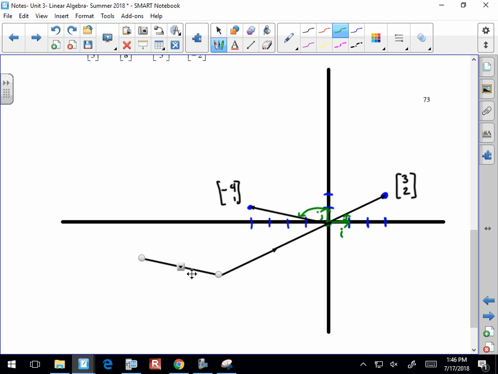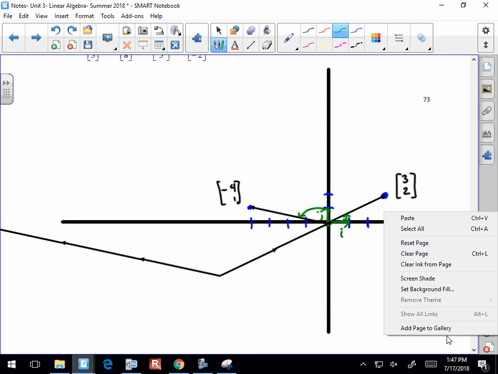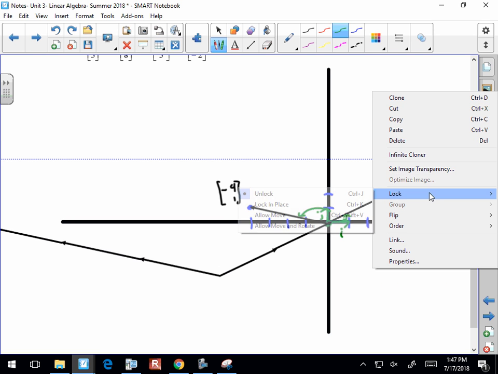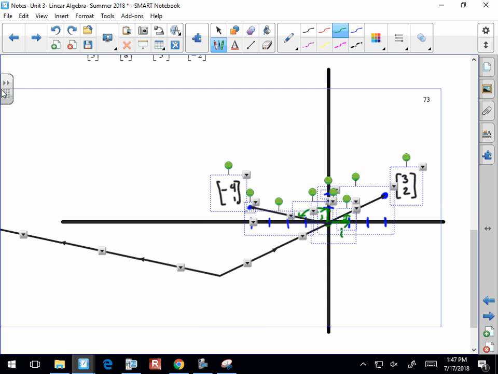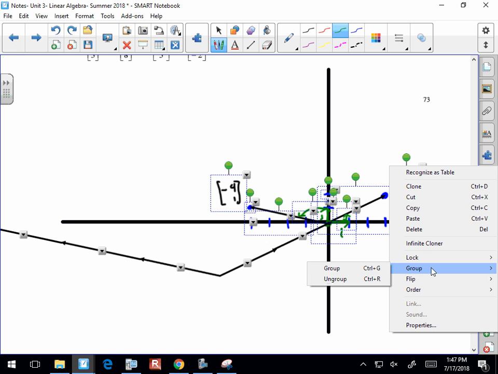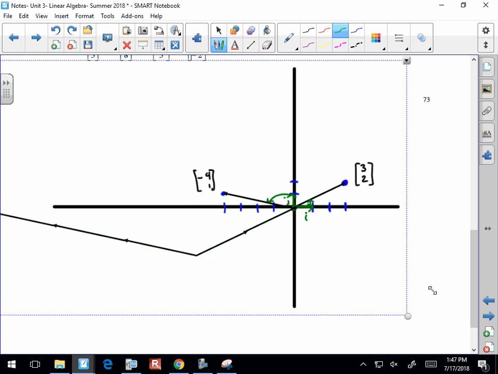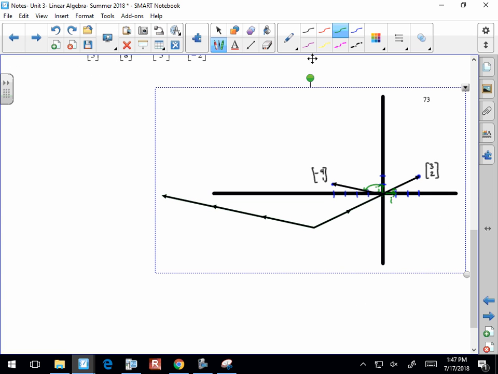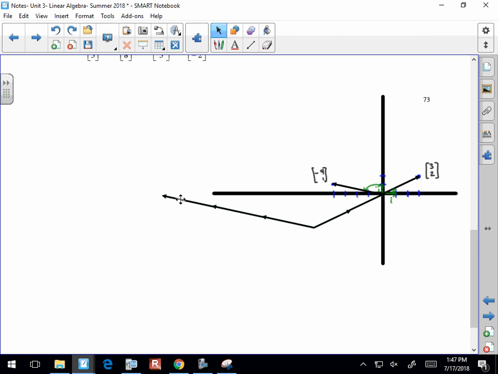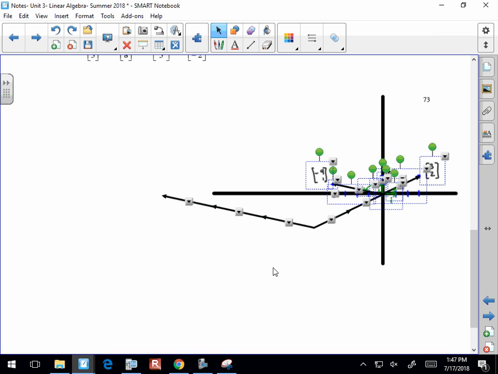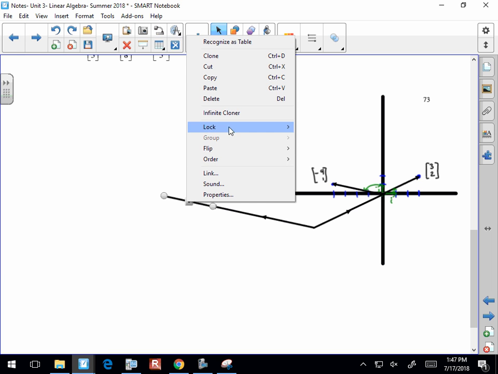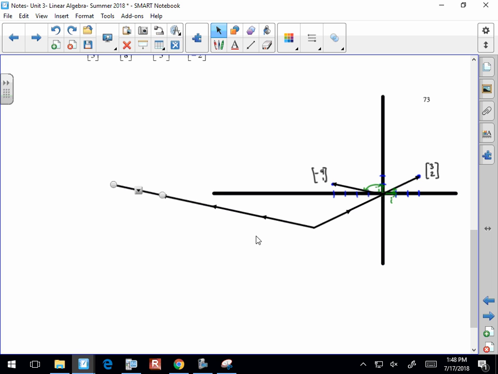My angle is going to be slightly off. It's not going to get me to 1.